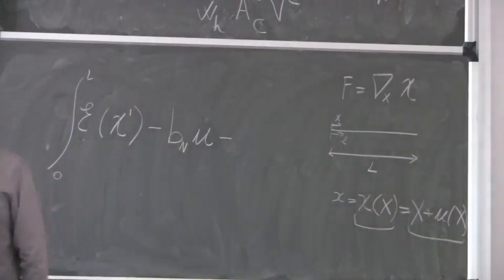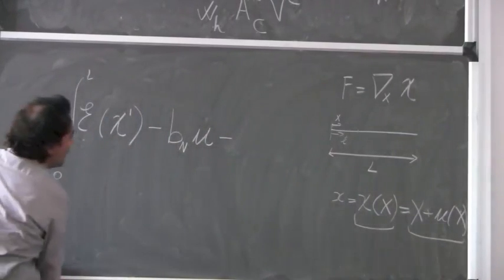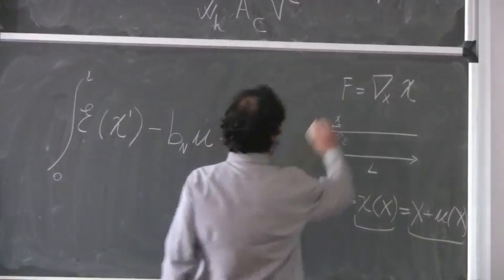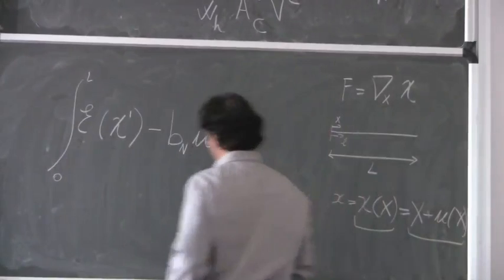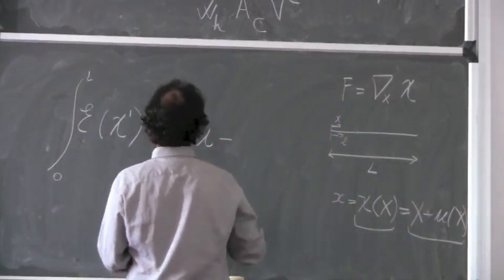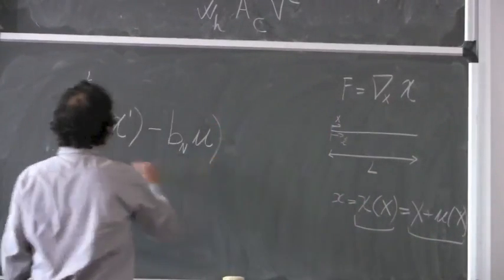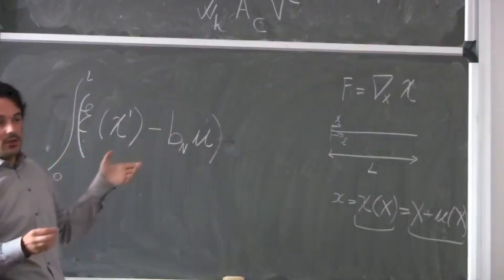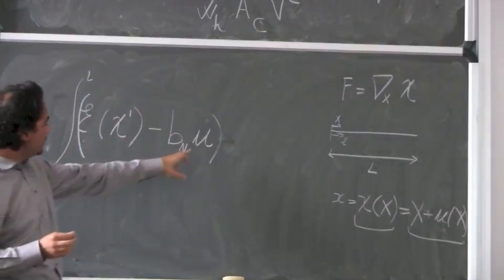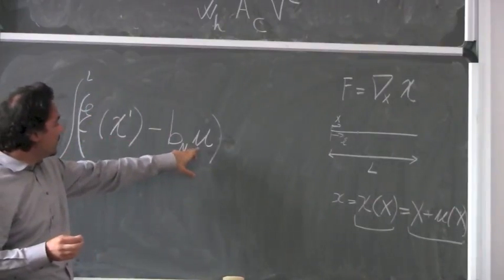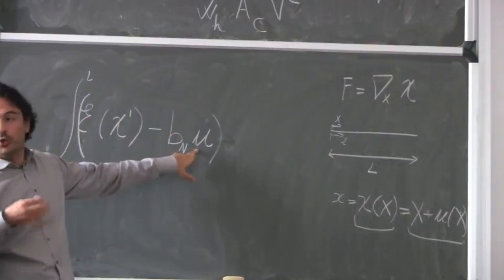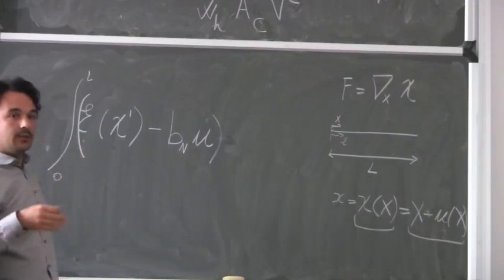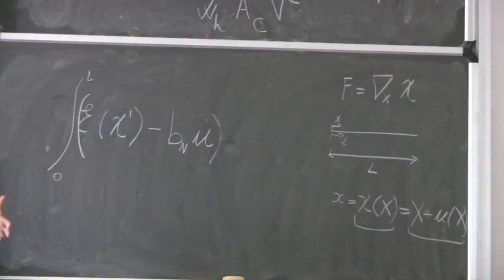So we consider from the external world only something that is proportional to U. You can also consider more different external actions.